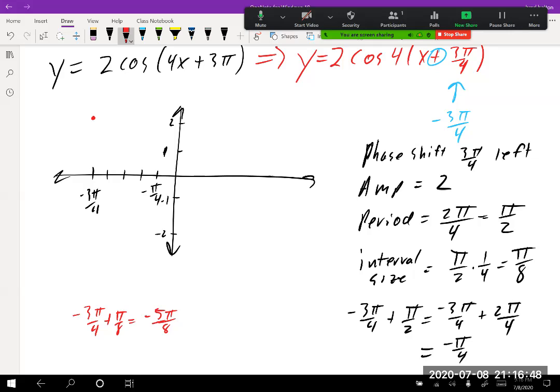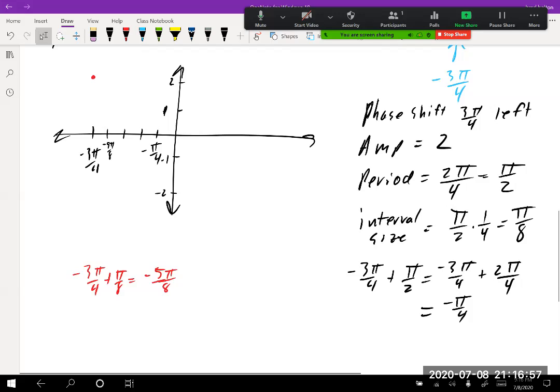So this would be right here, negative 5 pi over 8. Then if we add another pi over 8 to that, negative 5 pi over 8 plus pi over 8 will be negative 4 pi over 8, so that'd be negative pi over 2. Right, you guys see what I'm doing? I'm just trying to build these values here.